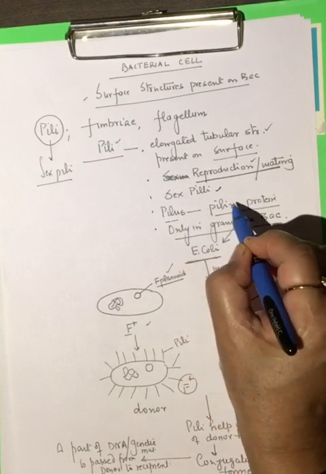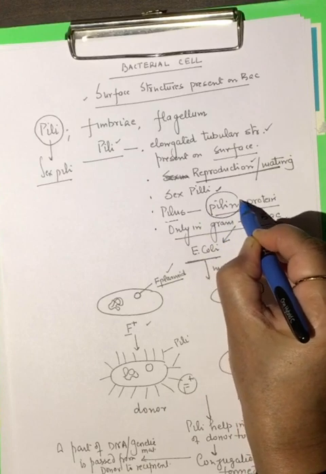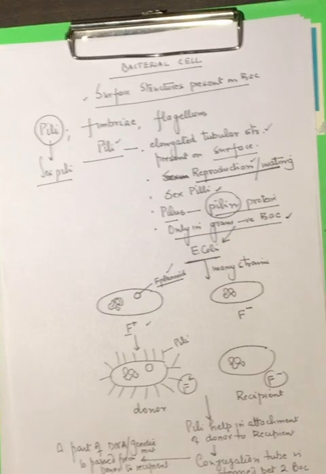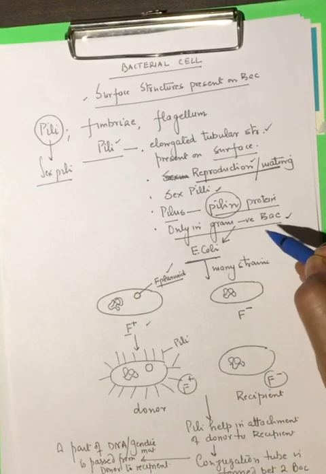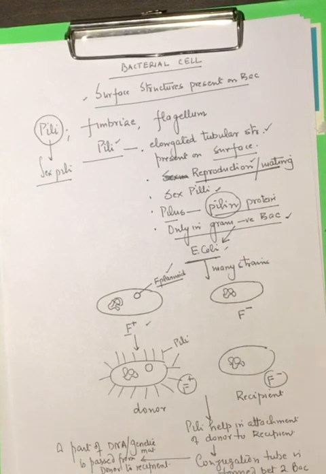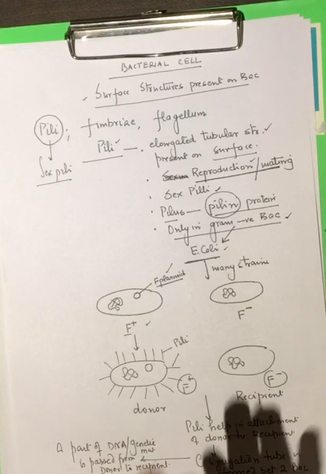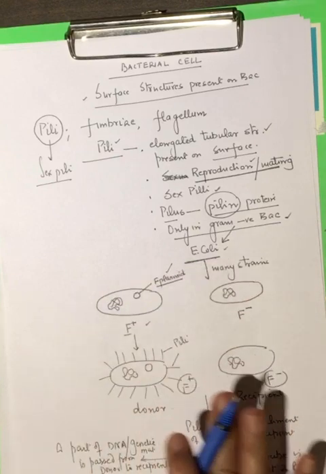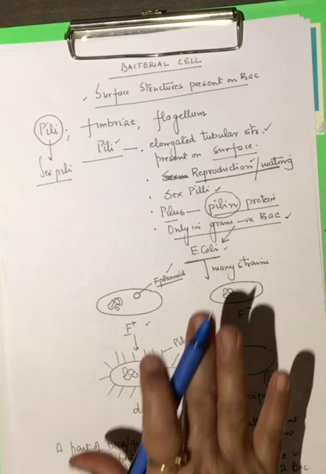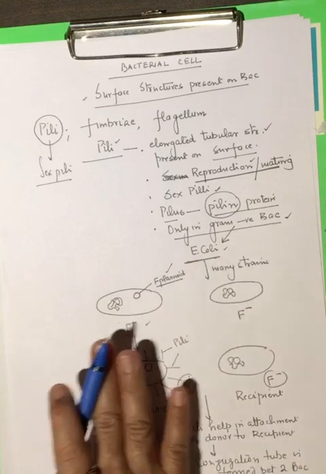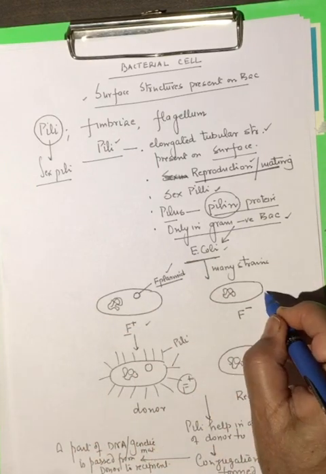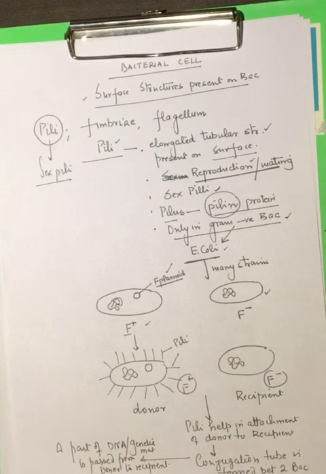The pili are made up of a protein called pillin, and you find these pili in gram-negative bacteria only, and one of the gram-negative bacteria is E. coli, which shows the pili and has been well studied. The E. coli bacteria has many strains, and only those strains which have F plasmid show pili. Those which do not have F plasmid do not show the pili.